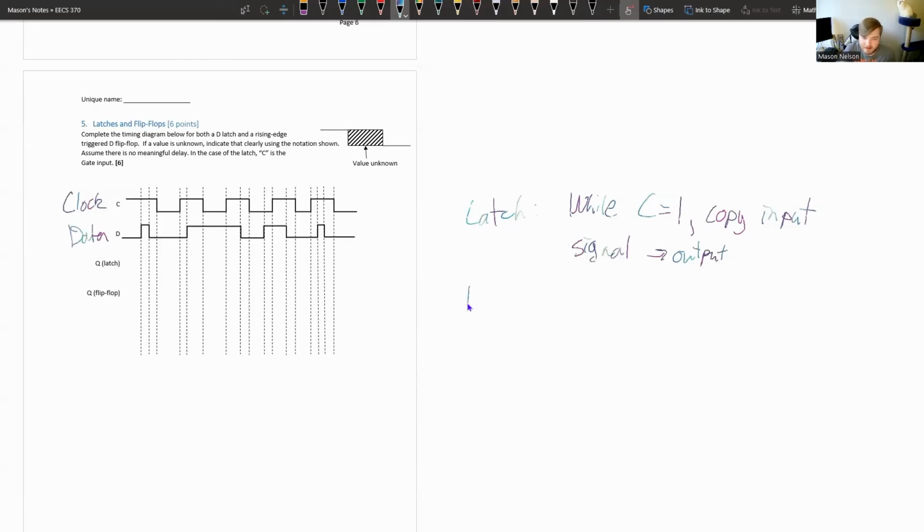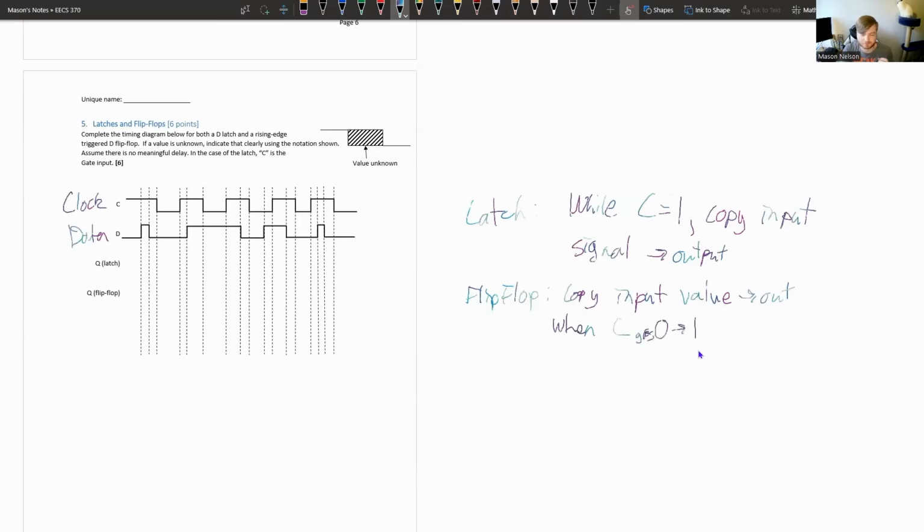When we have a flip-flop, we will copy the input value, using that word value, not signal. We'll copy the input value to the output at the precise moment when the clock goes from 0 to 1.